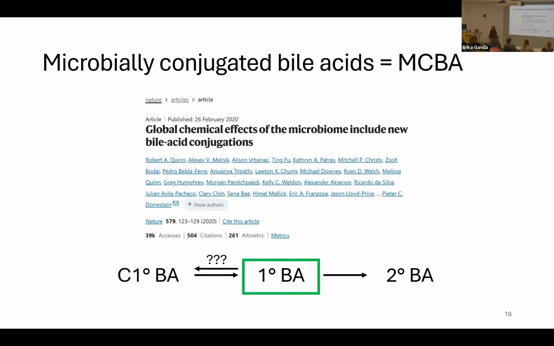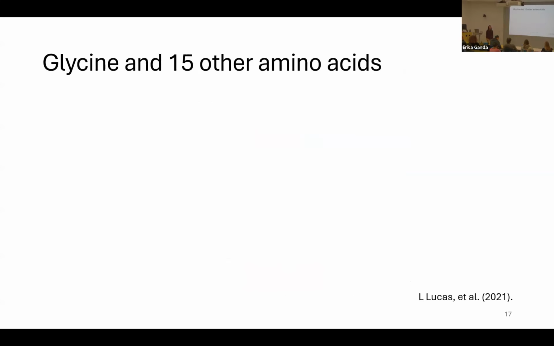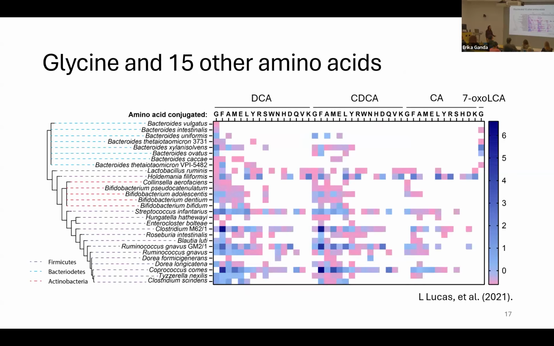they're in our samples. And so what I did was calculate the masses for every primary and secondary bile acid in our compound list, with every single amino acid conjugated to it. So this is a list of 70 bile acids. And I looked in all of my samples and found that DCA, CDCA, and CA, as well as 7-oxo-LCA, were conjugated to glycine and 15 other amino acids in our samples.